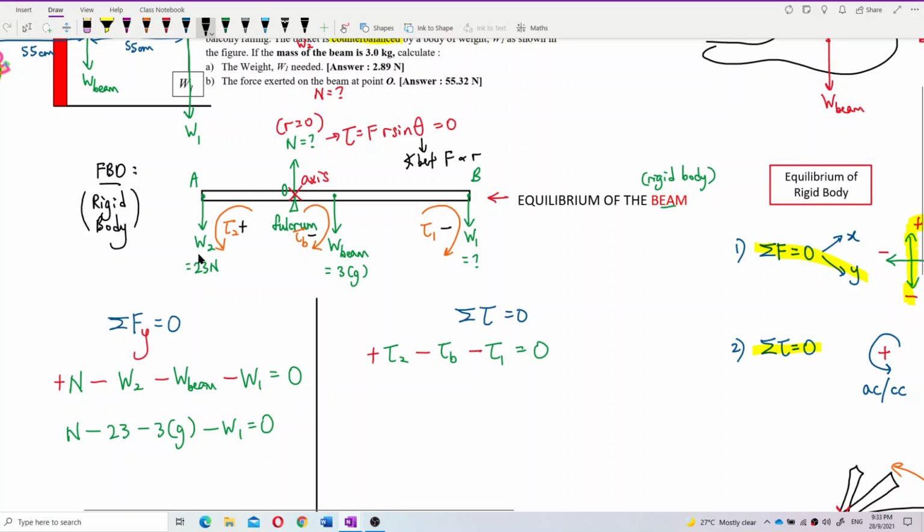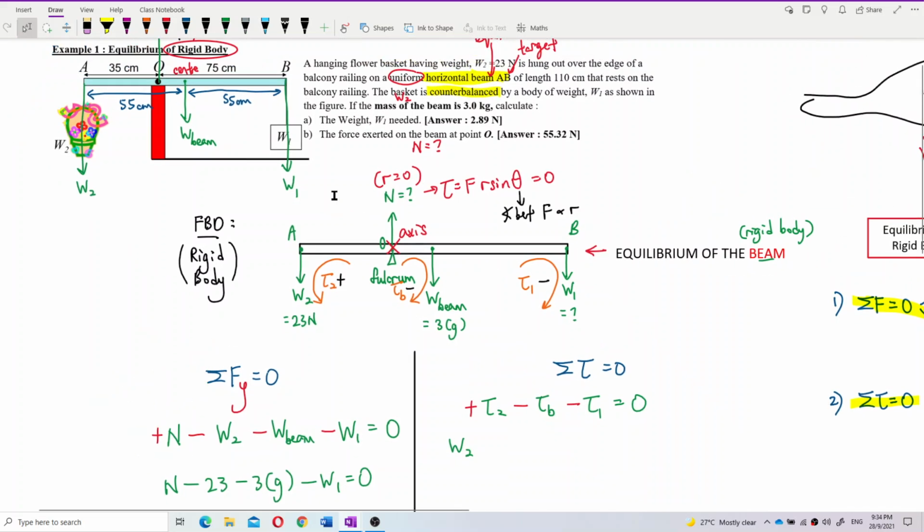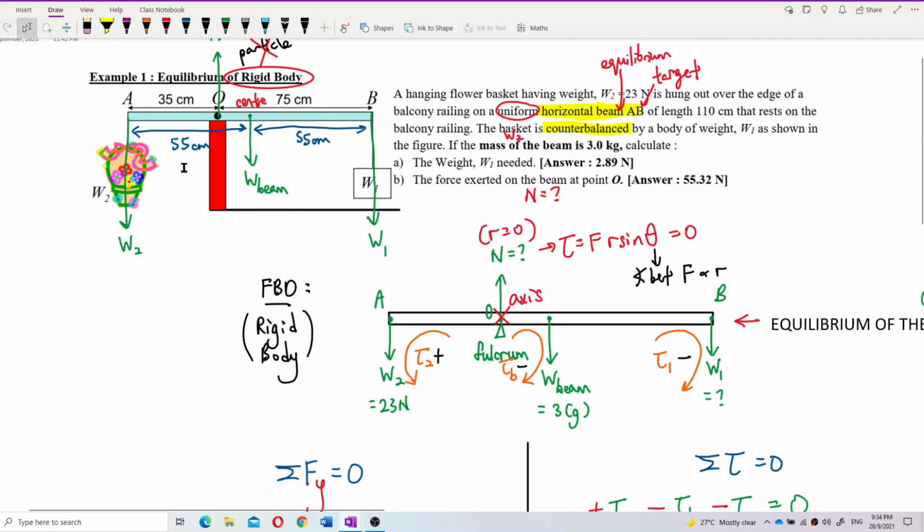So we write as weight 2 multiplied by how far is the distance? Okay, R is distance from the force to the axis of rotation. How far is it? Look at here. I already write the distance here. I don't want to put all information in one diagram because it will make the diagram become messy. So I borrow some information from here because these two diagrams actually is the same.